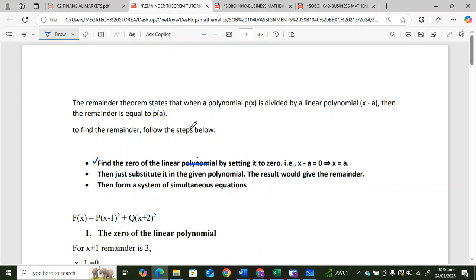Okay, let me just put the equation here. H of x equals p, x minus 1 squared plus q, x plus 2 squared.